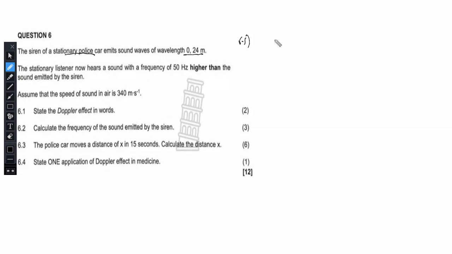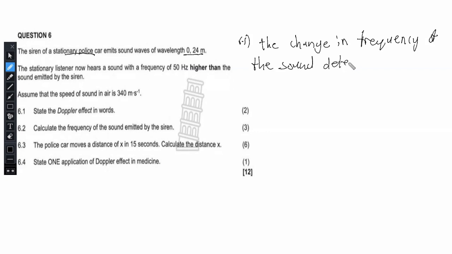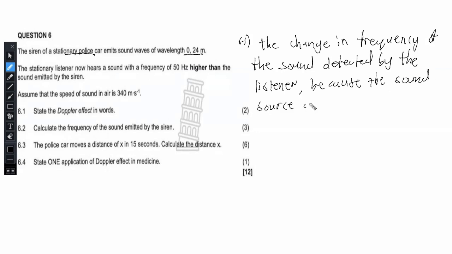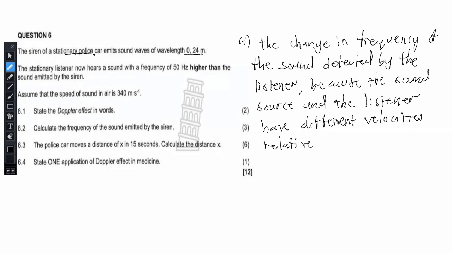Right, so Doppler effect, we are going to say it is the change in frequency of the sound detected by the listener because the sound source and the listener have different velocities relative to the medium of sound propagation.